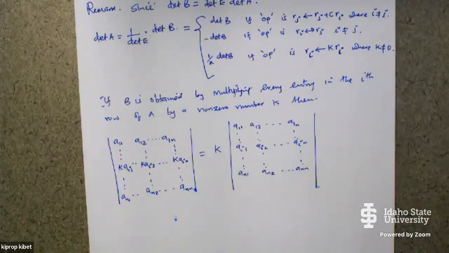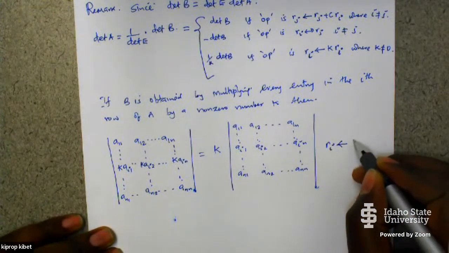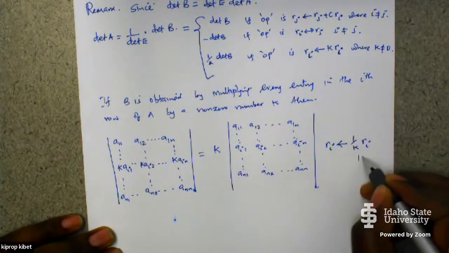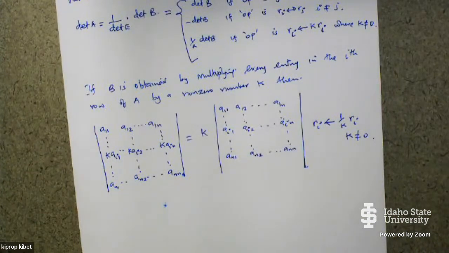Multiply one of the rows by, let's say, K, then we factor out that K. So our operation is the same as 1 over K Ri, where K is not equal to 0.